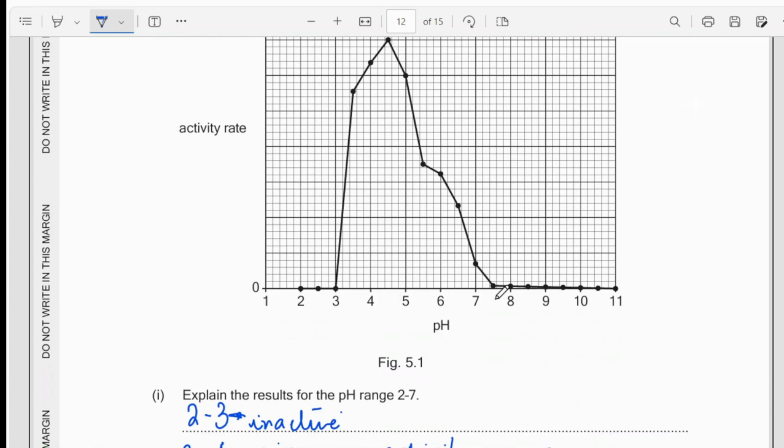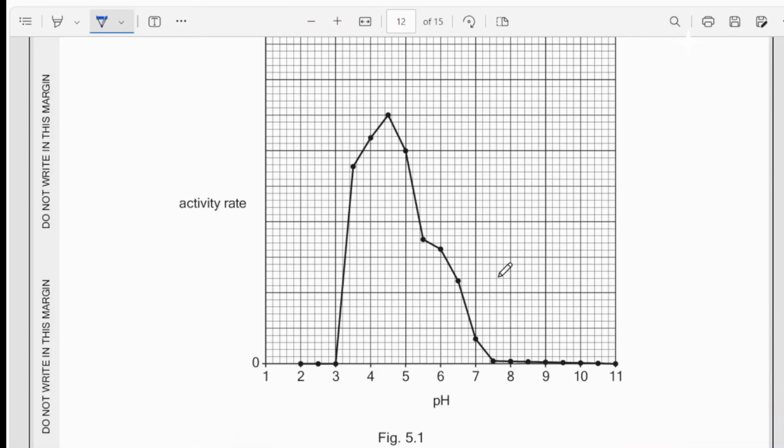So let's say there would be more activity. Starting from the same point, let's have more activity here. Let's make it like this, and denature at the same point. The starting point and denatured point would be the same.